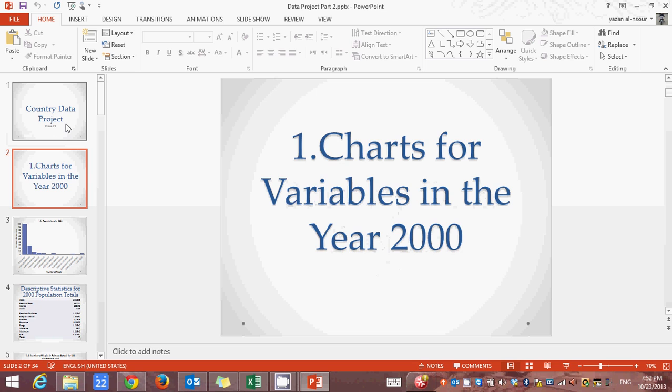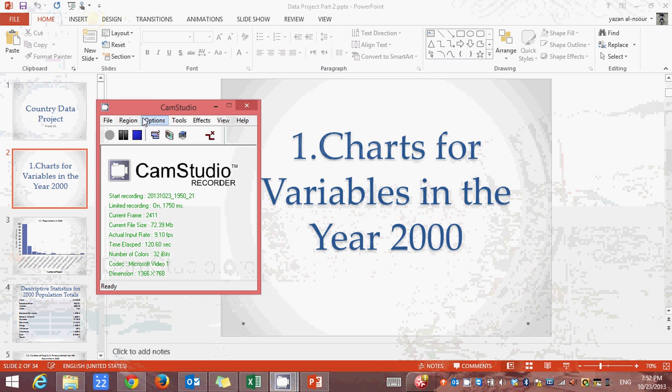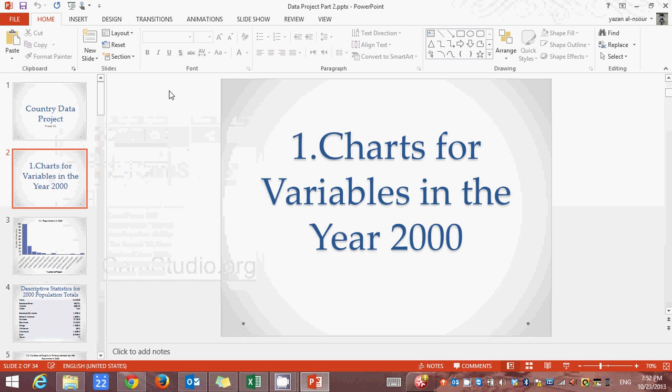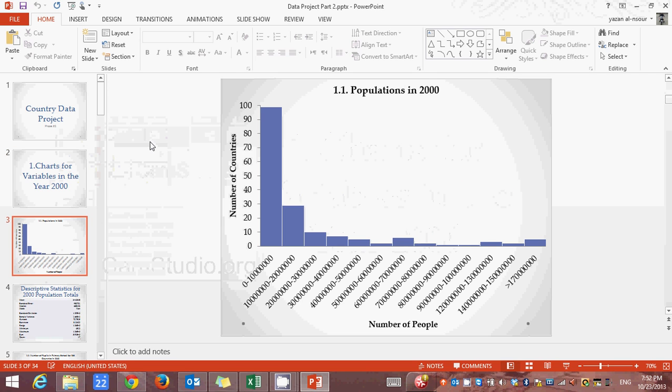Okay, so over here, those are the country data for the project. In chart 1, we have variables in the year 2000, so we picked year 2000. The first histogram is population in 2000. We have the number of countries here, so this is the frequency, and those are the number of people, categorized.